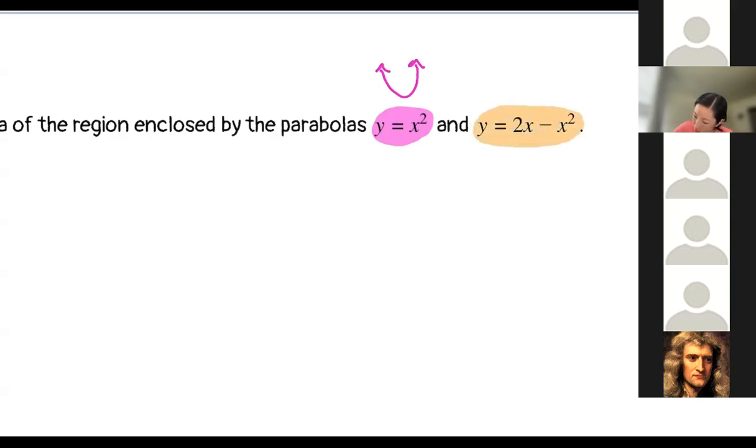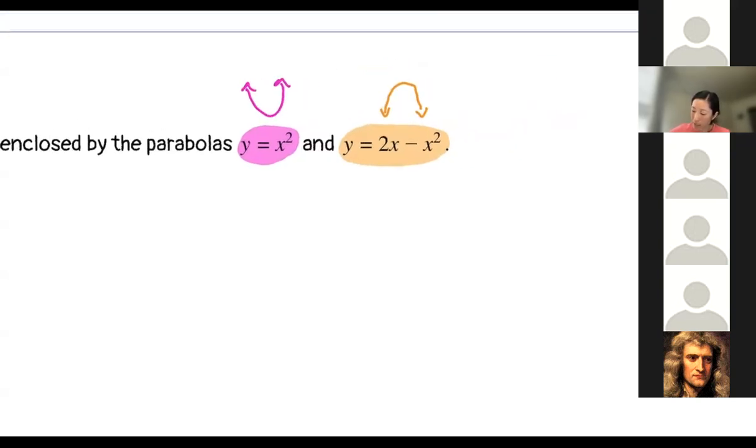We've got this other equation, and we know that that looks something like that, okay? To get a little bit more detail on this 2x minus x squared though, let's go ahead and factor out an x, all right?